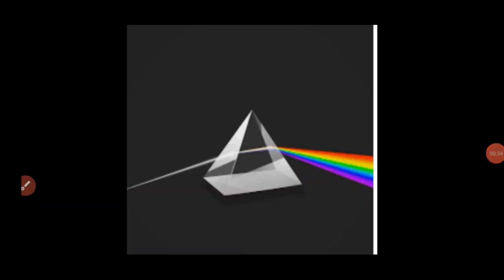Here is the picture to show what you will observe. In this picture, the white light is split into 7 colors.